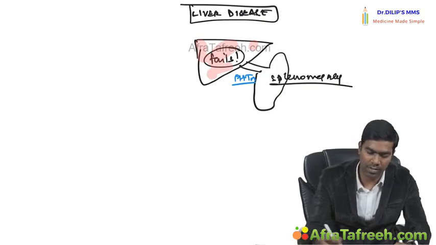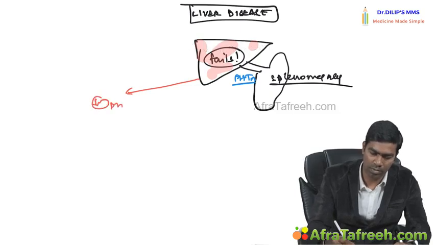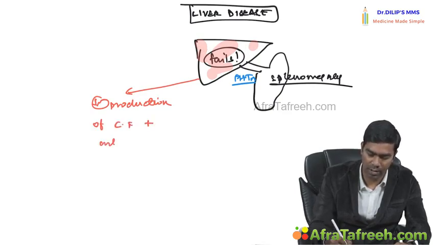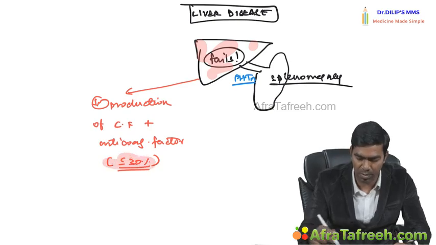So because the liver has failed, there is going to be reduced production of clotting factors as well as anticoagulant factors, which means their levels will be less than 30%. Typically only around 30% of the normal levels will be produced.